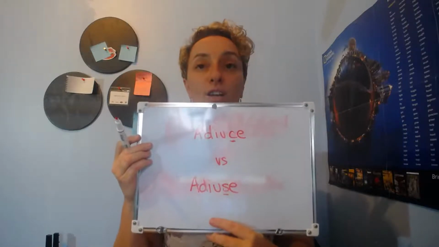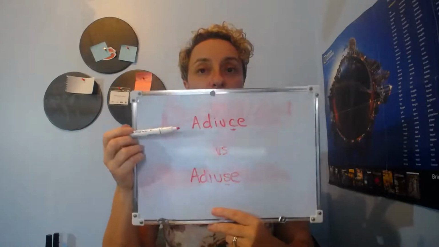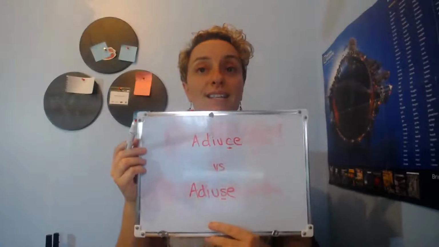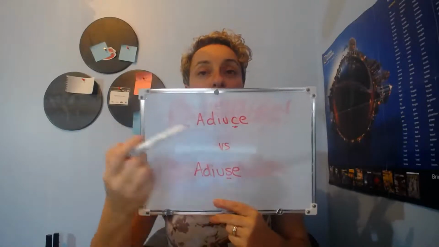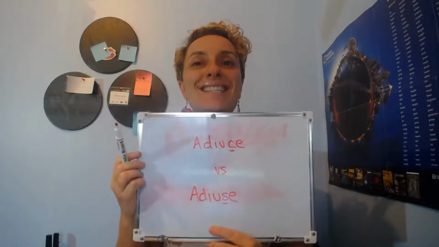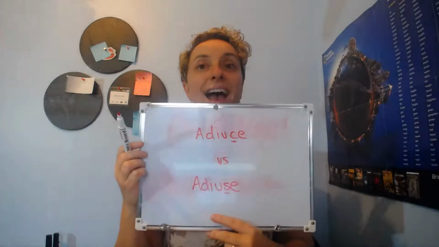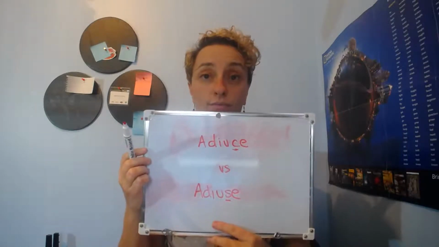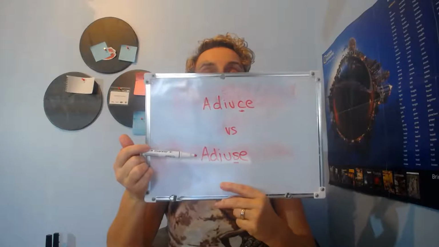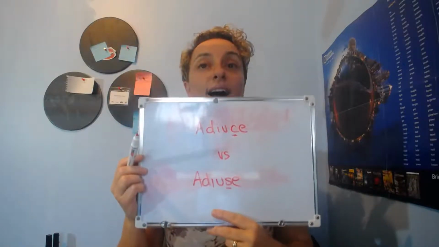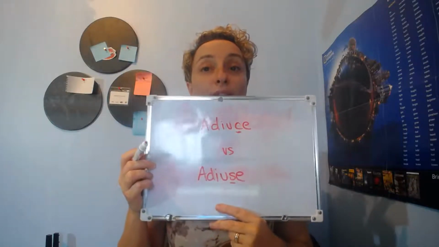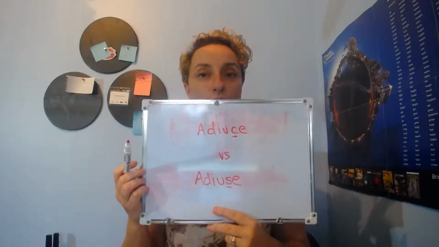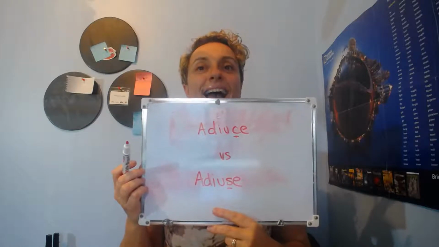So first, let's look at the pronunciation. The first one, this one here, is a noun. And we pronounce it with an s sound. So we say advice, and it's a noun. This one here is a verb, and we pronounce it with a z sound.